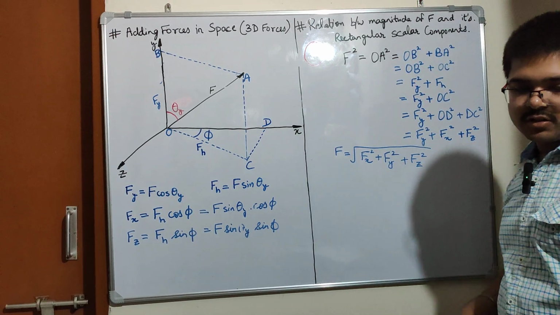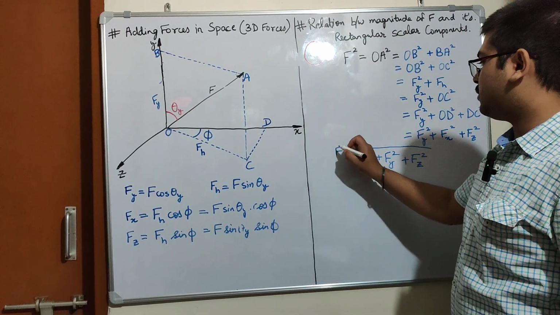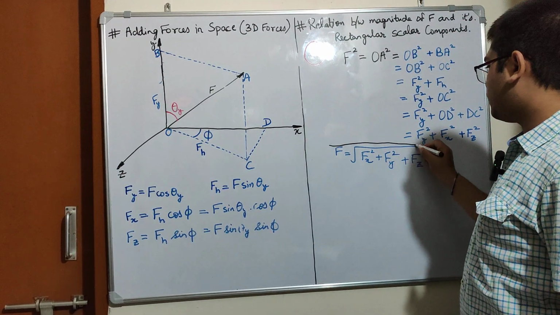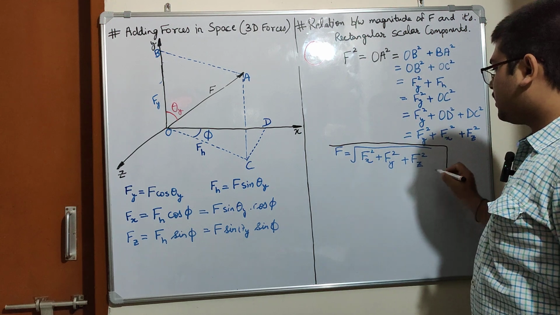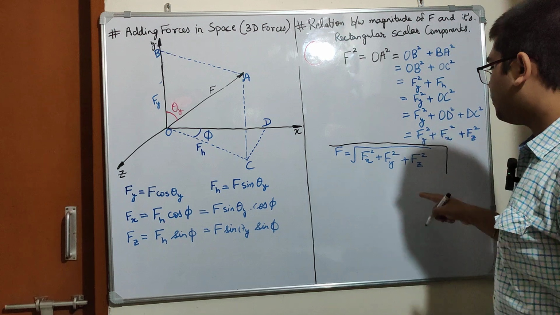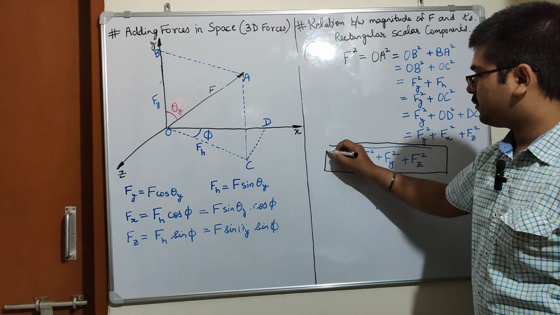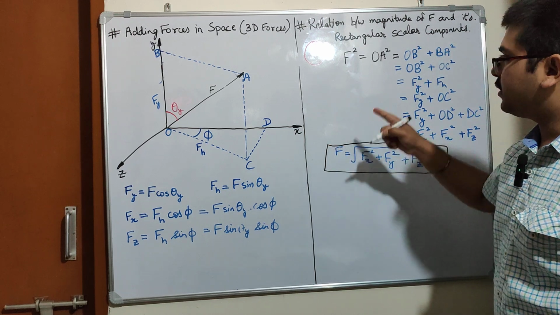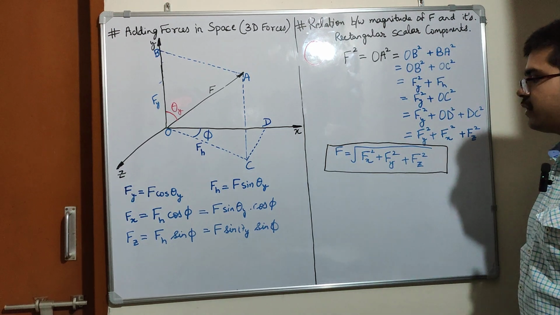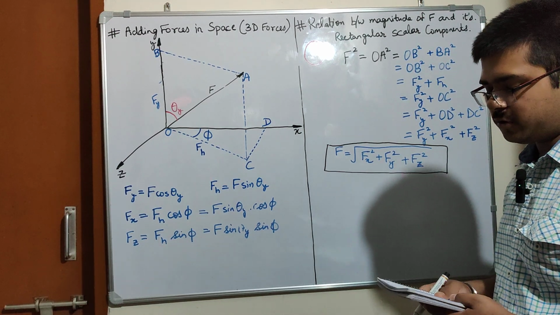Our final relation was F equals the square root of Fx square plus Fy square plus Fz square. I hope you have noted this down, and I'm going to rub this off now, and we will start with the next topic.